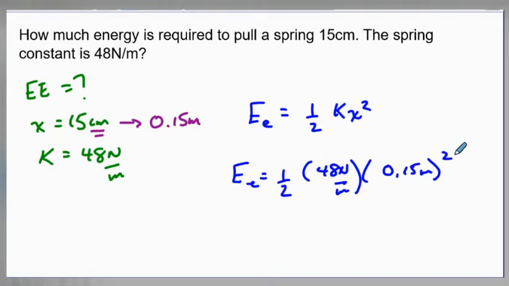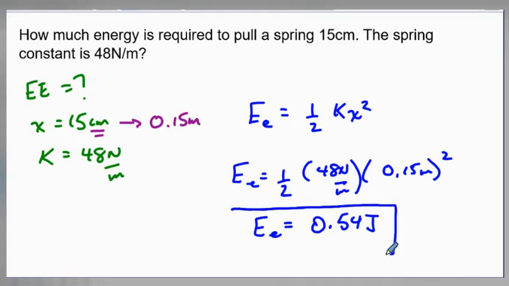So 0.15 squared times 48 divided by 2. This example has 0.54 joules of energy.